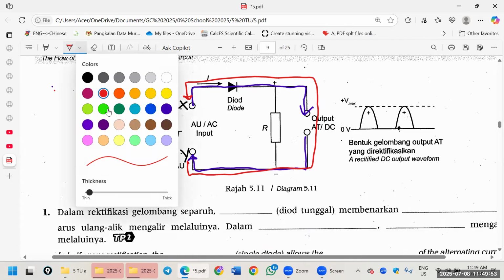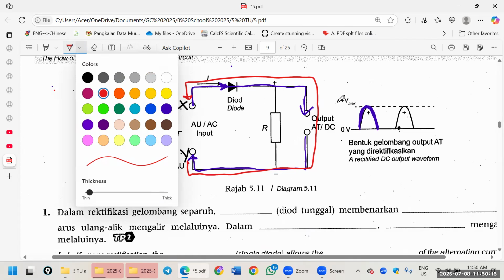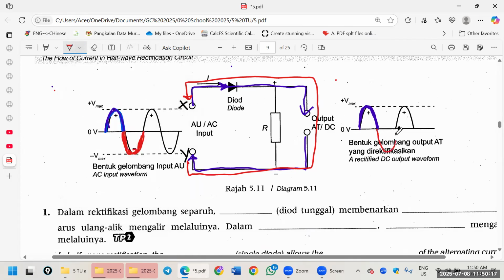Since the valve, or the diode, just lets current flow in one direction, it will only allow the blue one to flow through. So this is your output. You only can see the blue one. If the current flows from the other side, it will be blocked.